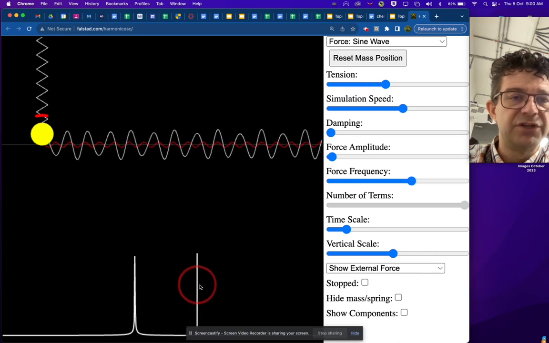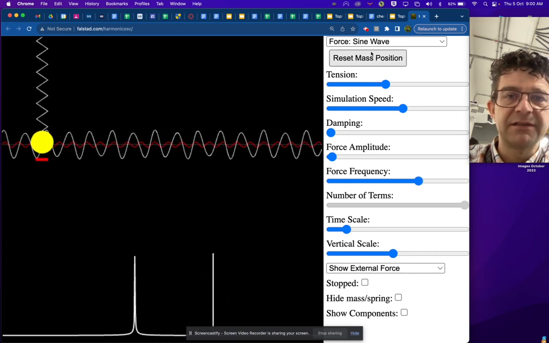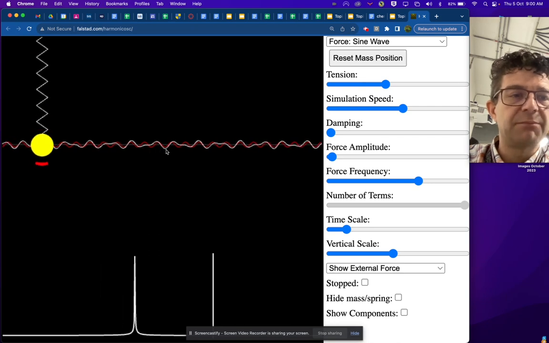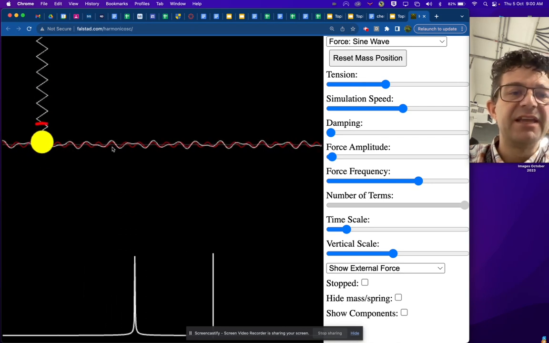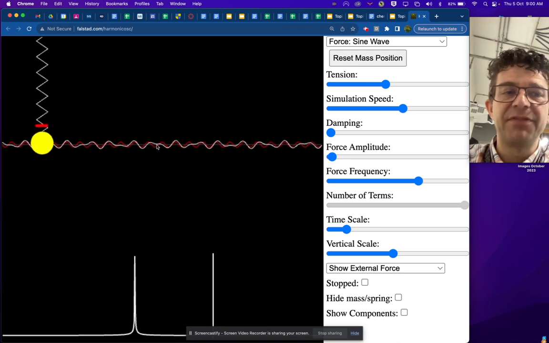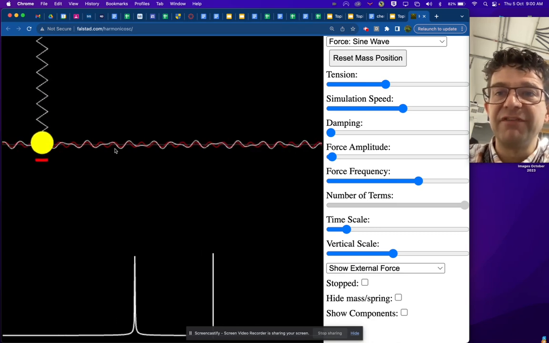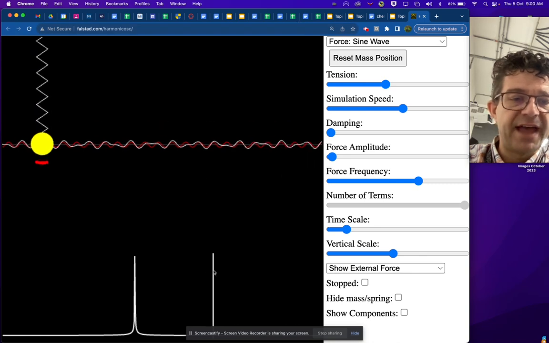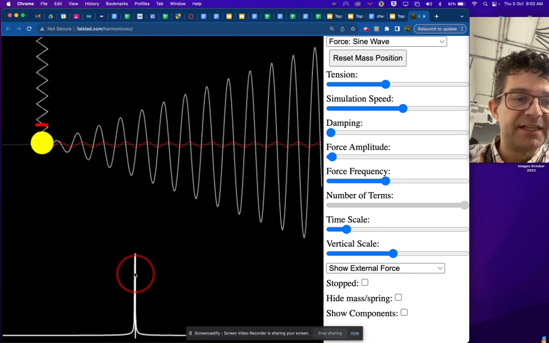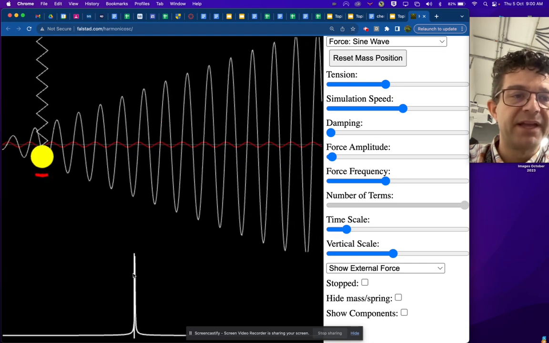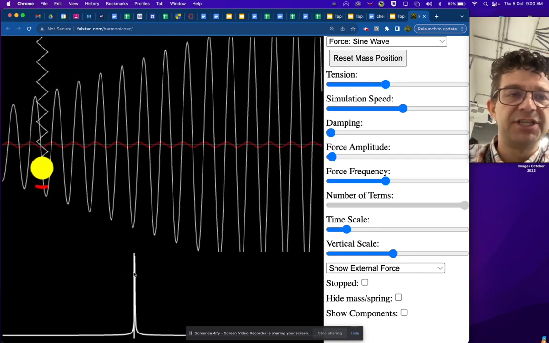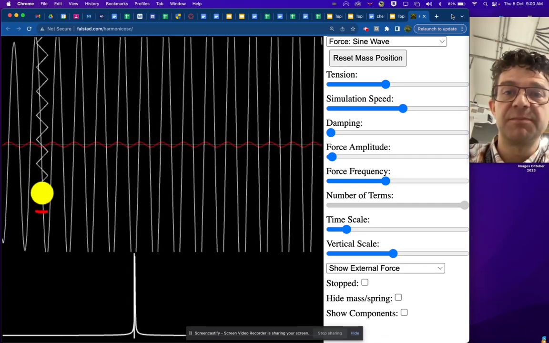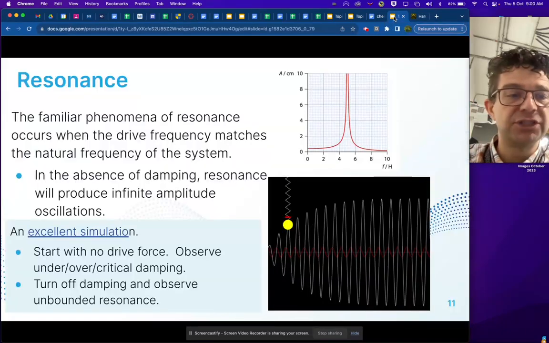And when we move to very high frequency relative to the natural frequency, we get more complicated behavior, but the drive amplitude and the response amplitude are very, very similar to each other again. So that's where that unbounded resonance comes from with no damping. At that resonance frequency, energy gets added very, very quickly, and the mass will respond with very, very aggressive motion.